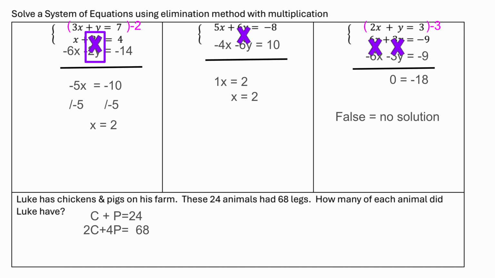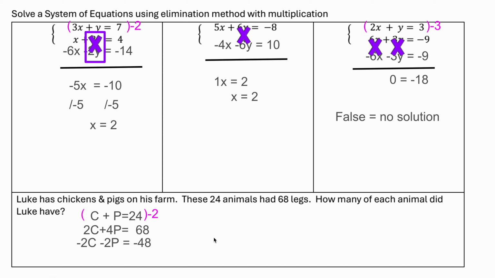And the opposite of +4 is -4. So I'm going to use a smaller number and multiply this top by -2. And that will give me -2c, -2p, and -48.